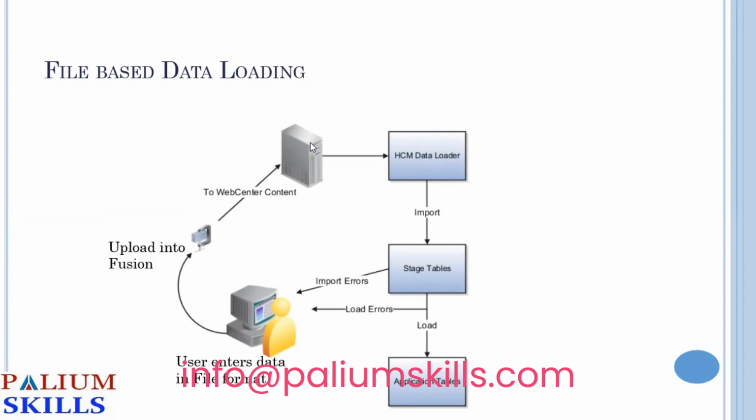From there, we run the data loader program, which will import the data into the staging tables. If there are any errors, we need to correct them, and once the errors are corrected, the data will get loaded into the actual application tables.